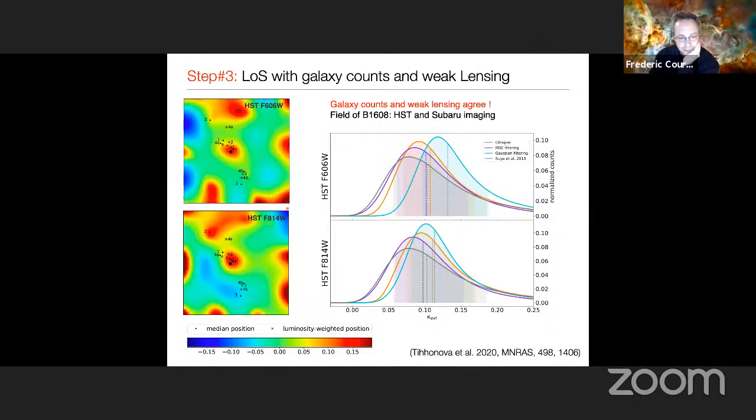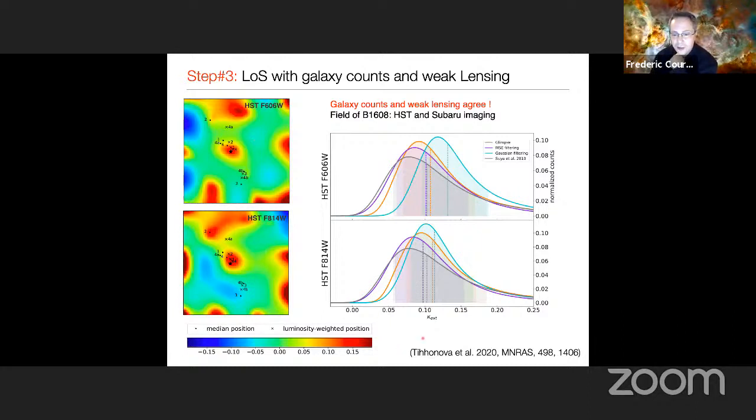And what we do here, we do two things. One thing to estimate the statistical mass along the line of sight is to count galaxies. So if you compare, let's say, the average density of galaxies across the field to, for example, the Millennium simulation, you can see which lines of sight in the Millennium simulation have the same galaxy counts as the data, and whether they are overdense or underdense lines of sight.